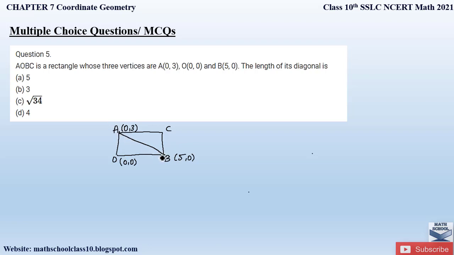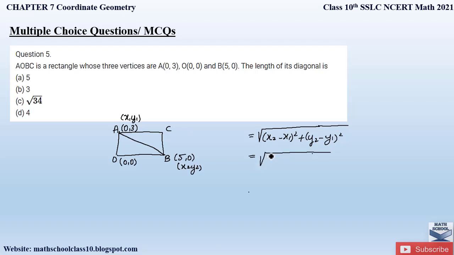This distance can be found out by applying the distance formula here again. So let us assume point A to be x1, y1 and point B to be x2, y2. The distance formula is given by square root of x2 minus x1 the whole square plus y2 minus y1 the whole square. I'm writing the formula again so that you will be able to memorize the formula.